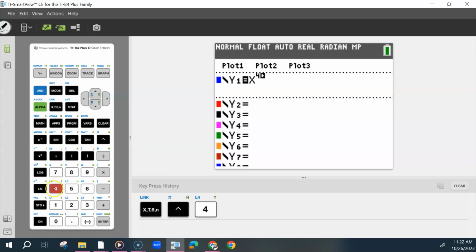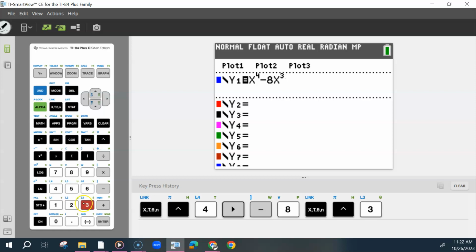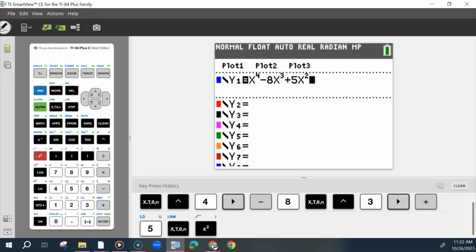So x to the fourth, minus 8x to the third, plus 5x squared, plus 14x. I was using this caret, the up arrow, for exponents. Which button for x?